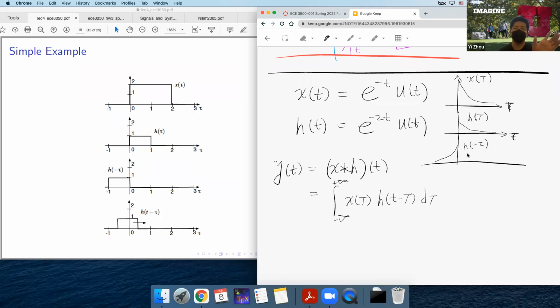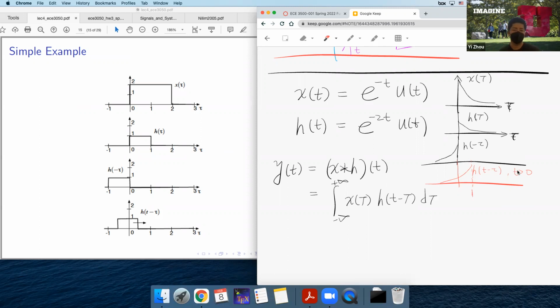You can imagine that if I shift this signal to the right, this is h(t minus tau). If t is positive, then this red curve will have an overlapping area with x(tau), and at that time they should have a non-zero convolution.